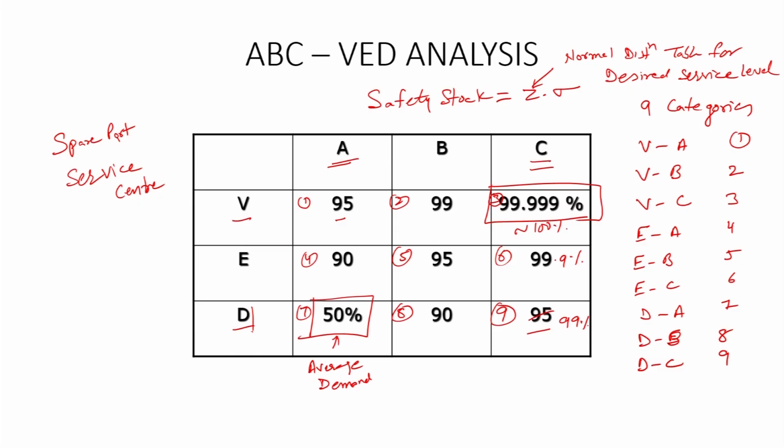So, it is very important to have rational service level estimates based on this ABCVED classification with a further layer of your subjective judgment. So, that is the importance of ABCVED analysis in our inventory management. Our safety stock calculations depend largely on the service level requirements.